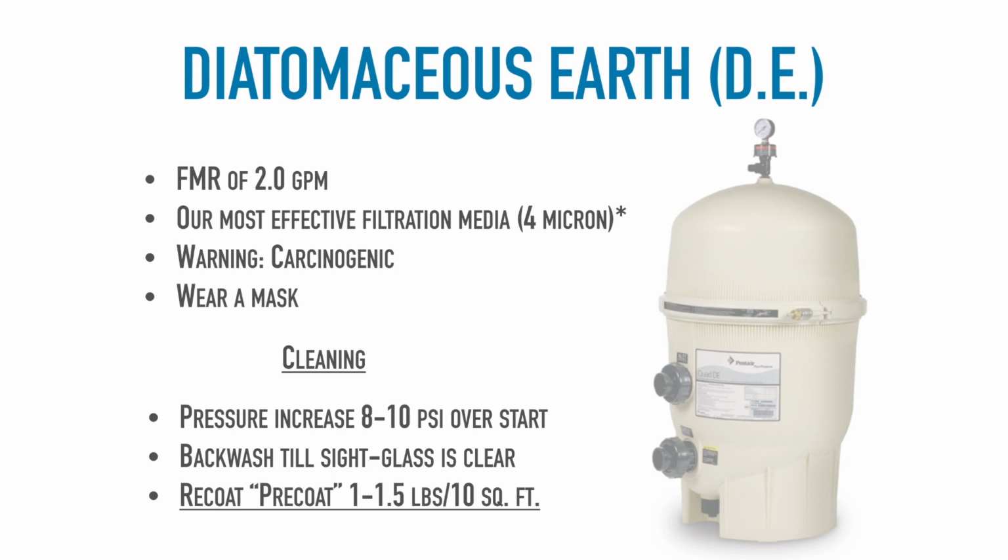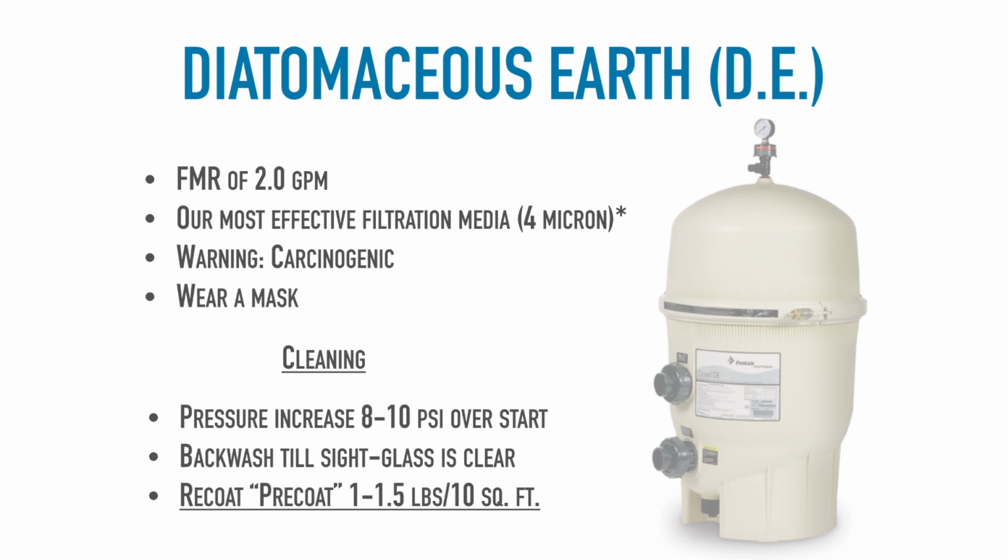Because essentially what I'm doing is the pre-coat. I am going to take a bucket, grab some water, grab my bag of diatomaceous earth, and scoop out 1 to 1.5 pounds for every 10 square feet of surface area I have inside of that DE filter. I'm going to mix it into that bucket, create a slurry, and pour it down the back pipe of my skimmer.